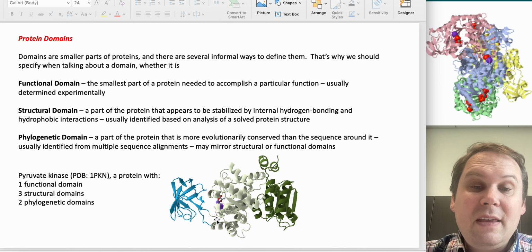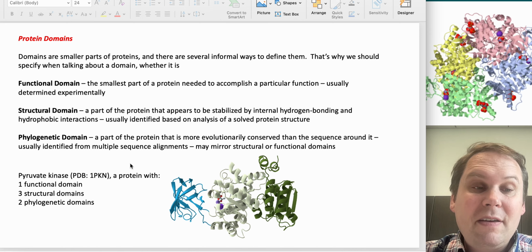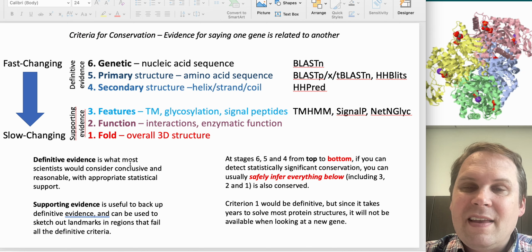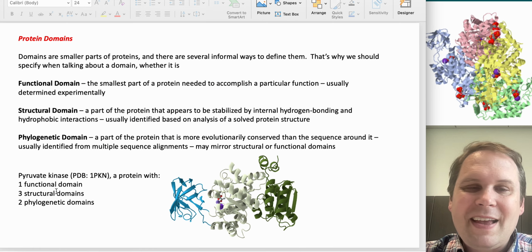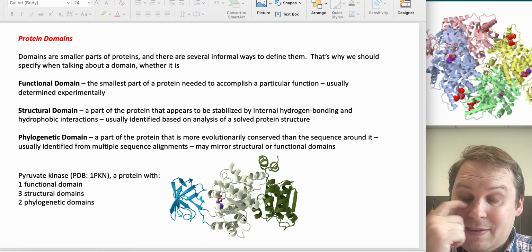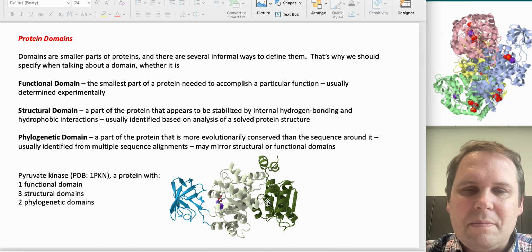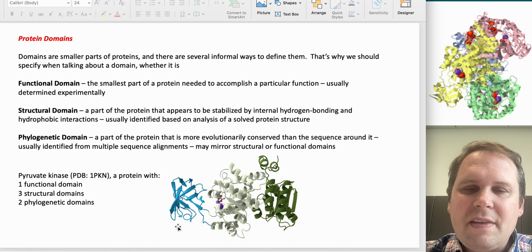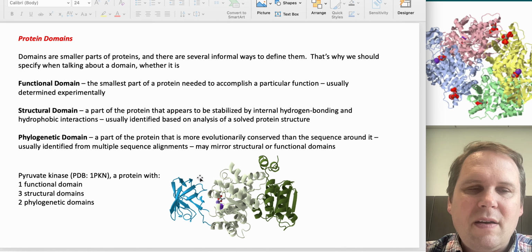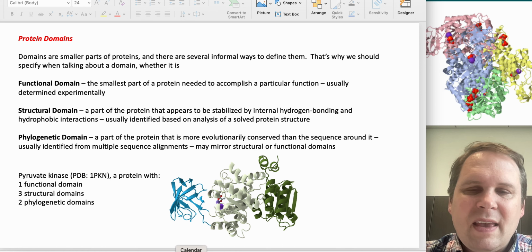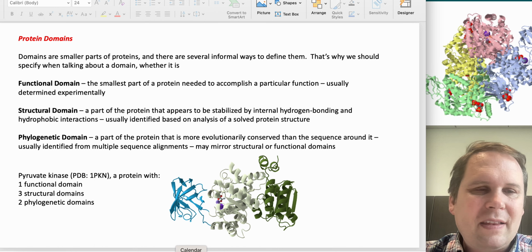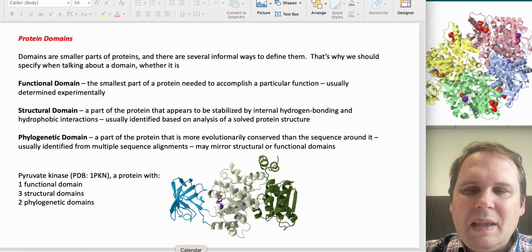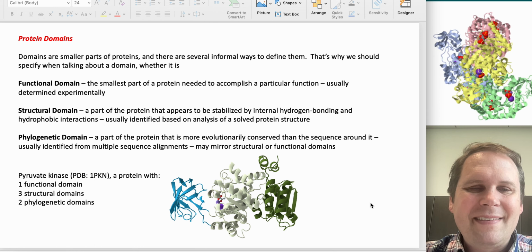And so how many phylogenetic domains do we have here? Well, let's go see. Actually, no, I left out that slide. So it turns out this is, I believe, 2 phylogenetic domains. I believe this part here tends to always occur together, and I think this part is sometimes present, if I'm reading that correctly. But yeah, that's the idea.